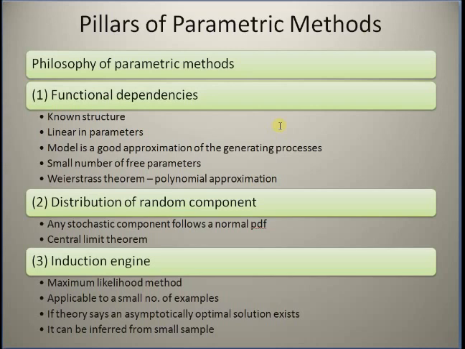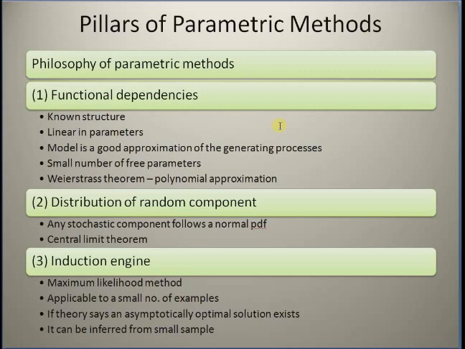And this assumption is based on what is known as the Weierstrass theorem, which says that any well-defined function can be represented by a combination of polynomial functions which have linear parameters. That is, the unknown parameters are linear even though the variable itself can be non-linear.